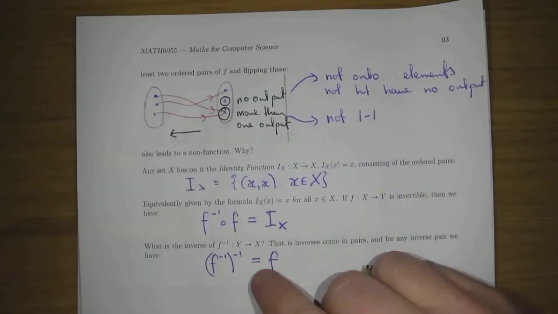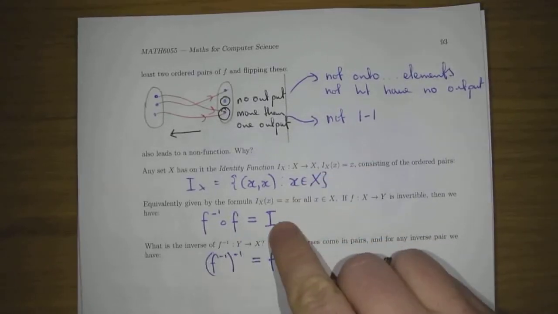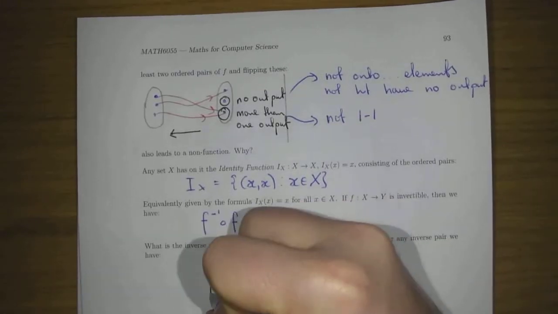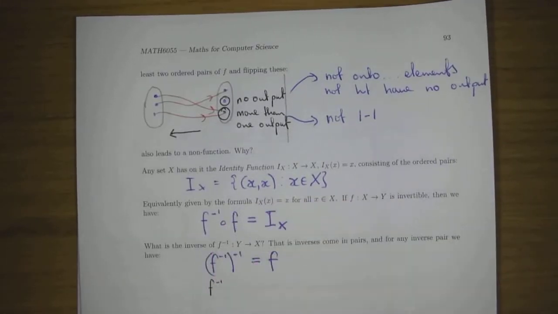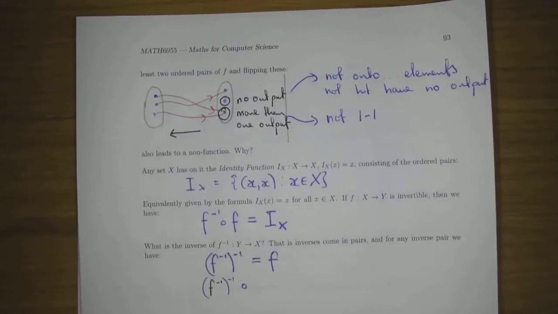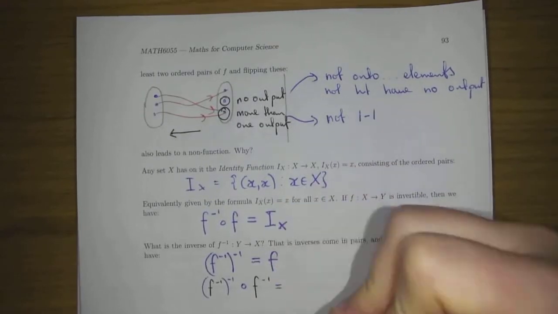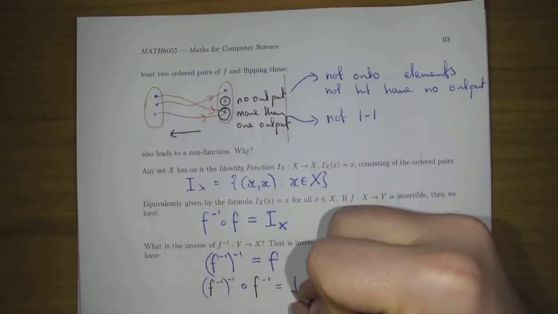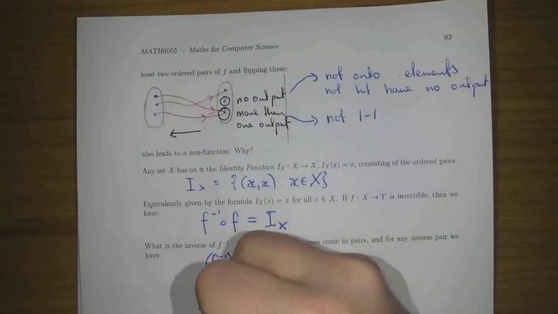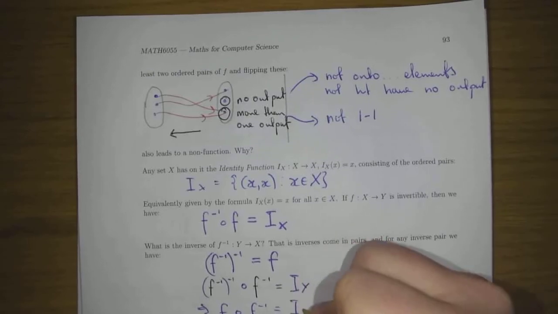And that means that if we write this formula for f inverse, you'd get f inverse after f inverse would be equal to, now this should be the identity on y. But this f inverse is just f, so you get f after f inverse is equal to the identity.